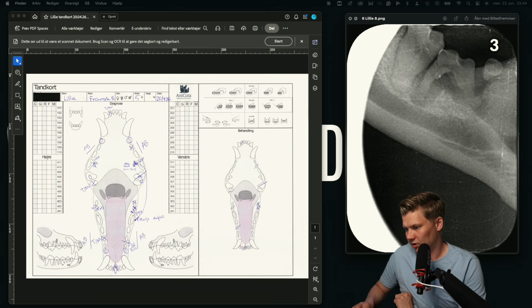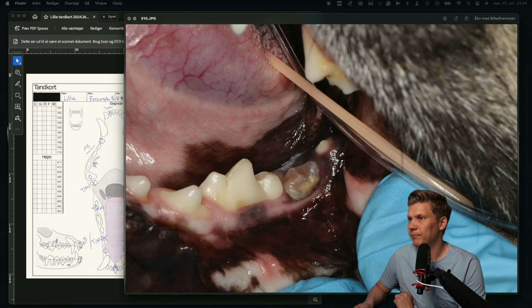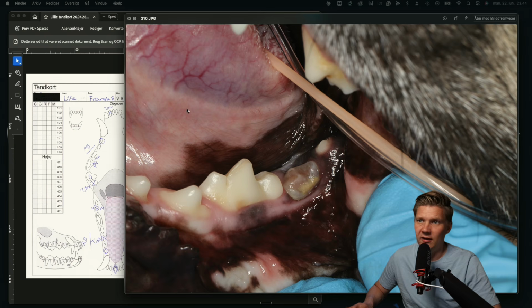Let's have a look at what it looked like clinically. This is the tooth. So you can see it's quite damaged, it's very discolored, and there are pockets. As soon as I put my dental probe in here, there's a lot of bleeding. And I also noted this area with possibly some attrition from the upper fourth premolar hitting this tooth right here at this exact spot.